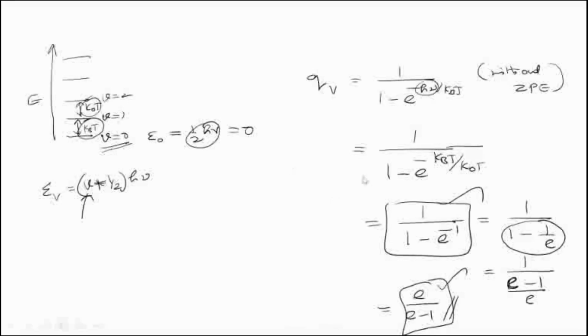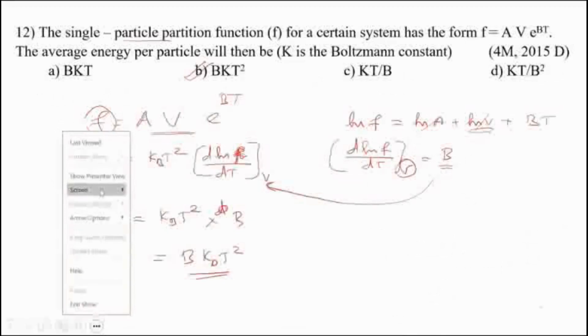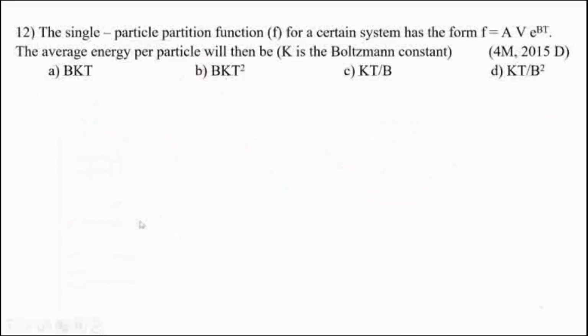Now, let me go to the next question. Yeah, see this question. The single particle partition function for a certain system has the form F is equal to A into V into e power BT.